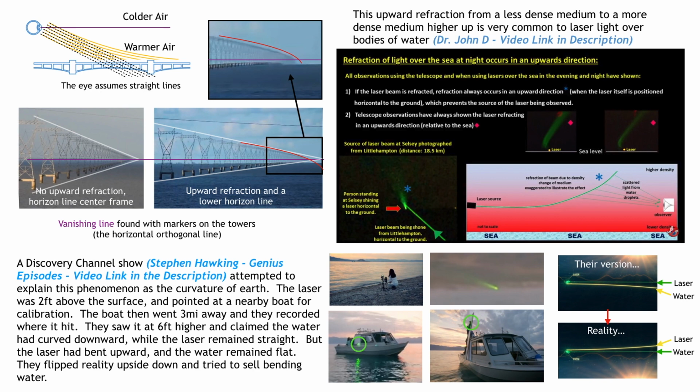The boat then went 3 miles away, and they recorded where the laser hit on the boat. They saw it 6 feet higher and claimed that the water had curved downward while the laser remained straight, but the laser had bent upward and the water had remained flat. They flipped reality upside down and tried to sell bending water.